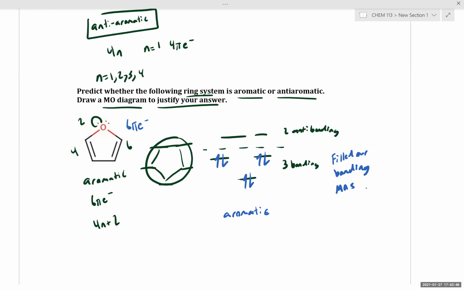In this case, we maximize our stabilization by placing our electrons in these bonding MOs compared to other arrangements. Does that make sense? So essentially, this arrangement of orbitals gives us the lowest overall energy for this 6 pi electron system. Any other questions on this example?